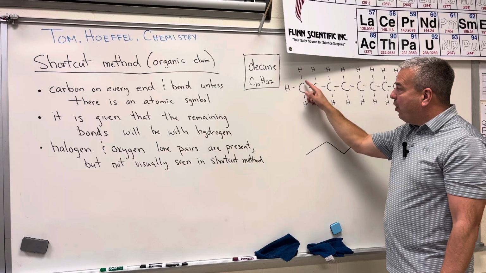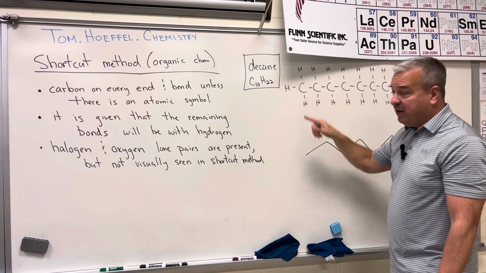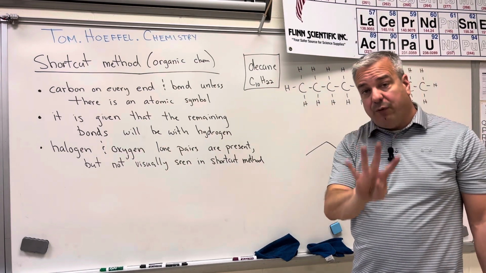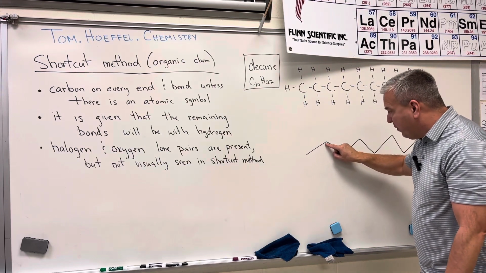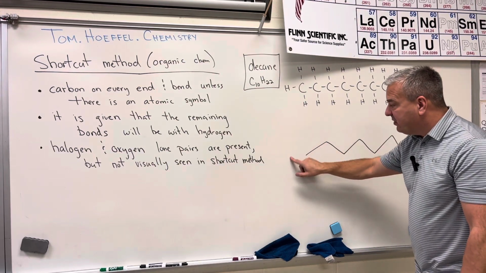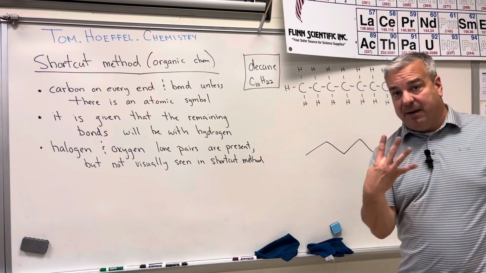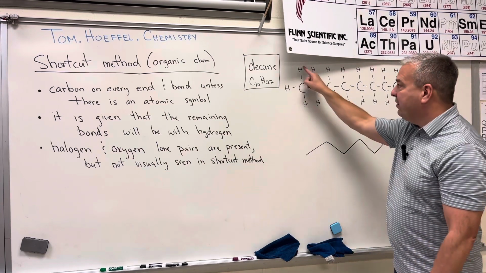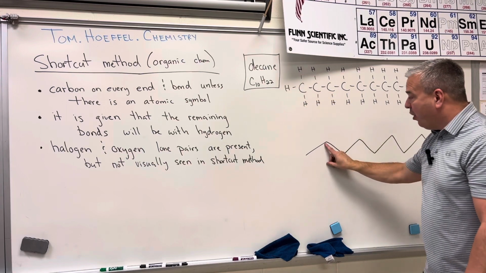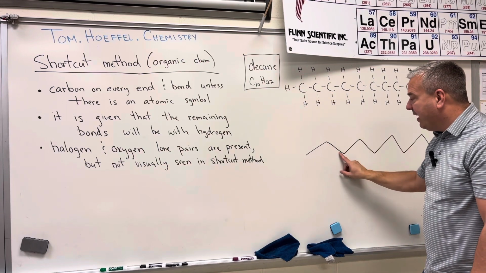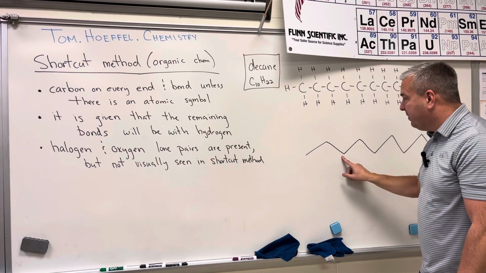Now, we know carbon has other bonds because carbon has to have a total of 4 covalent bonds. So if carbon 1 is showing only 1 bond, then it's assumed that the other 3, to get up to 4, are going to be with hydrogen. And we see that in our drawing. Now carbon 2 has 2 lines coming out of it, to carbon 1 and to carbon 3.